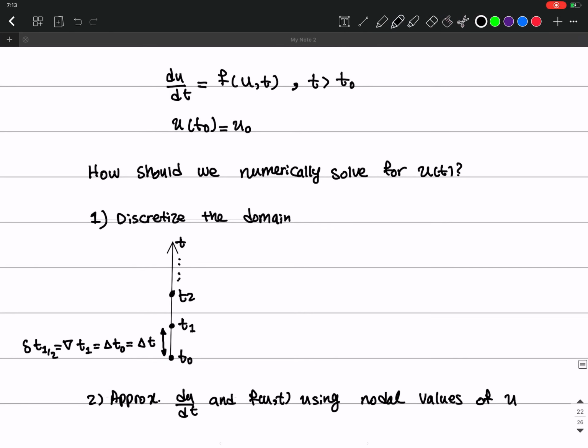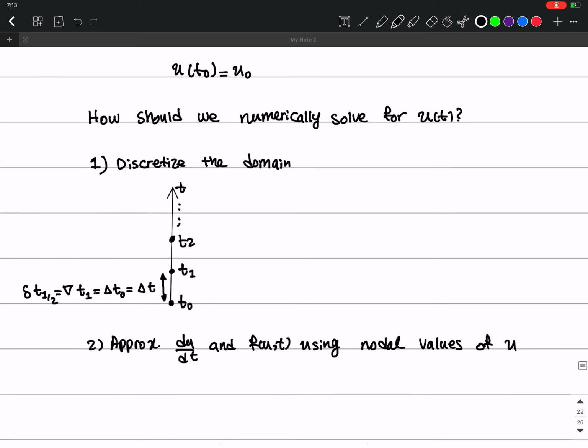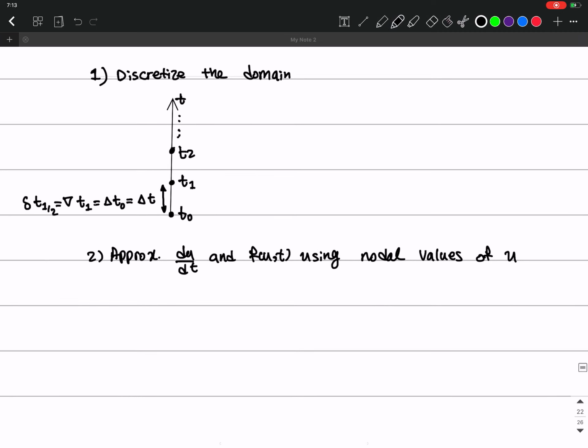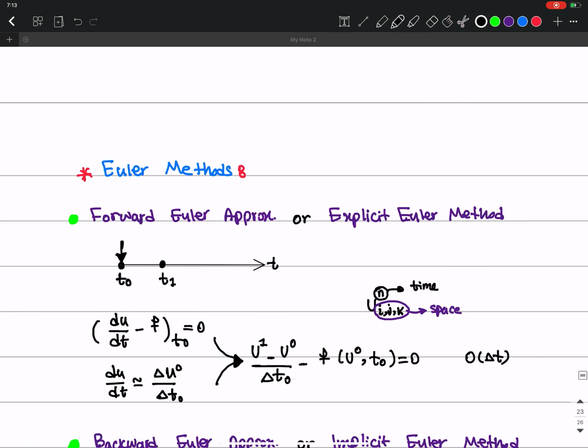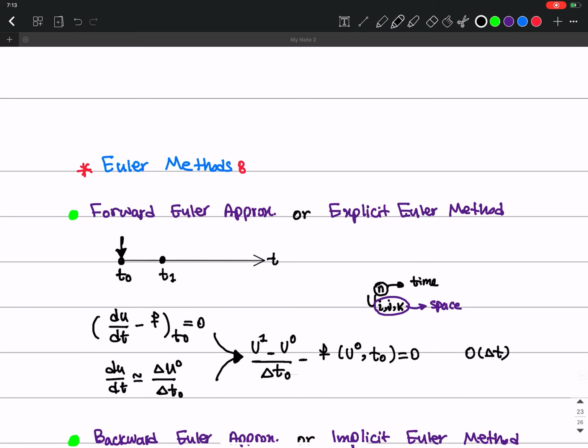So we said we are going to discretize the domain, and then we approximate du/dt and f(u,t) using nodal values of u. So we introduced the Euler method, and we will have other methods as well, like Runge-Kutta and Adams-Bashforth methods, but Euler is the simplest one. And we started with the forward Euler approximation, or explicit Euler method.